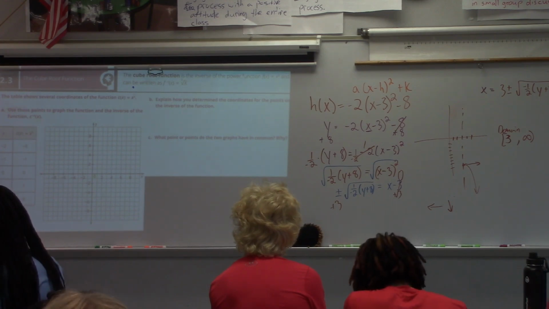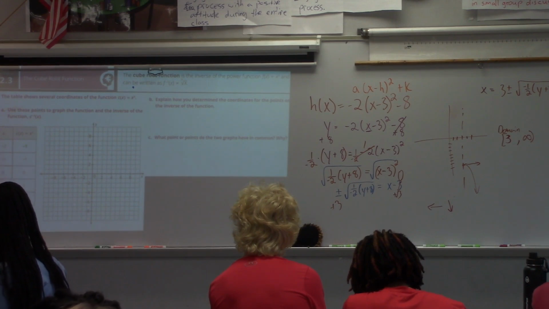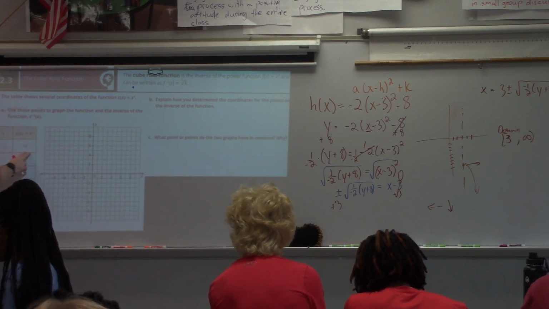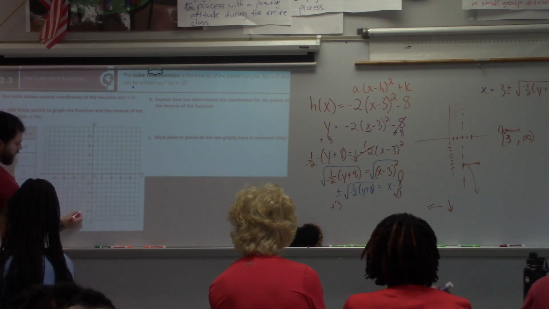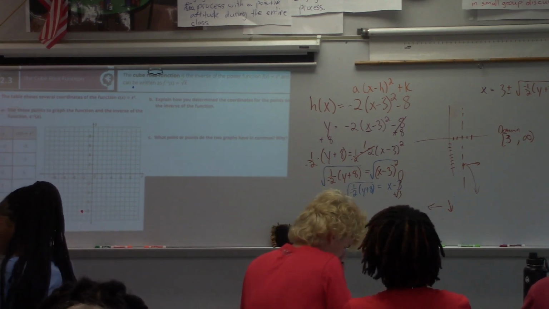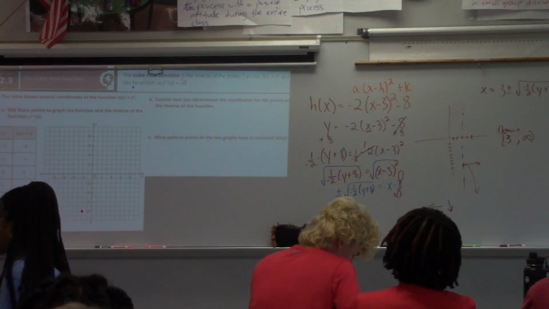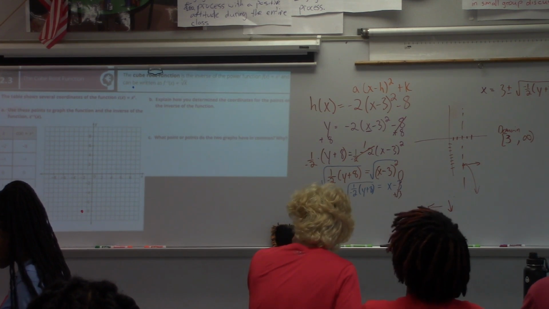Now we're looking at a cubic function in activity 2.3, and we can just quickly graph these points. Pay attention, right? -2, -8. Now I do want to point out, where in the world is that point coming from? They're not just making up these points. Where did -2, -8 come from if we're dealing with a cubic function?